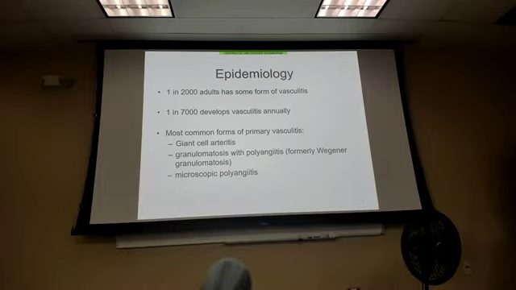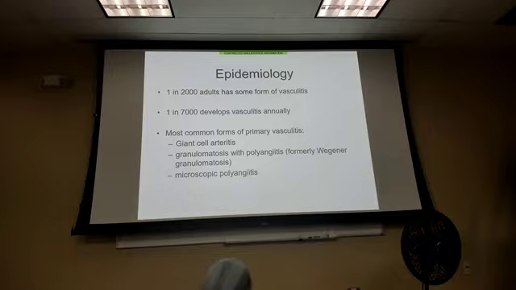Epidemiology wise, 1 in 2,000 adults have some form of vasculitis. 1 in 7K develops vasculitis annually. The most common forms of primary vasculitis: number one is what's up top, GCA, giant cell arteritis, and we're going to get into that later and talk about it.